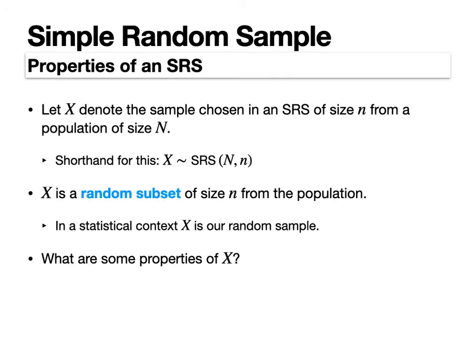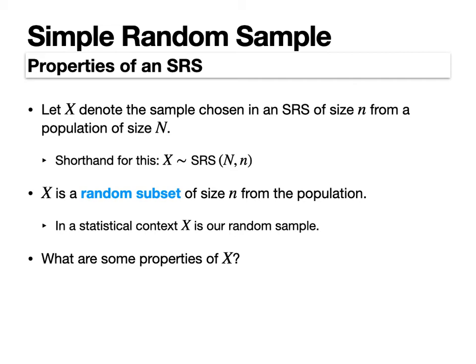Let's think about some of the properties now of a simple random sample. We know what an SRS is, right? It's a subset of size little n chosen at random and without replacement from a population of size big N. So let's denote by capital X the particular subset that is chosen randomly in an SRS. So the way that I'm going to denote this, throughout the rest of the course, in this kind of situation, is I'll say X tilde SRS(N, n).